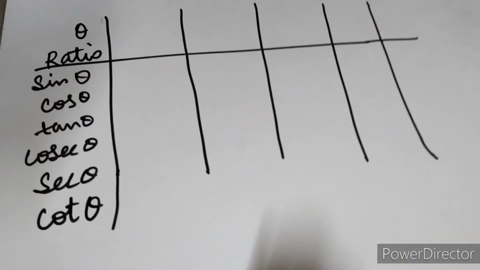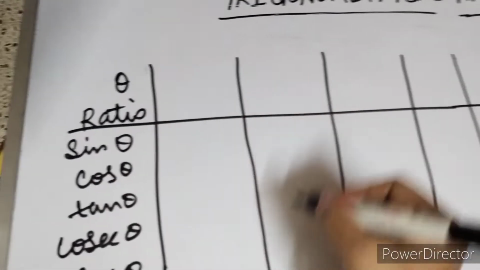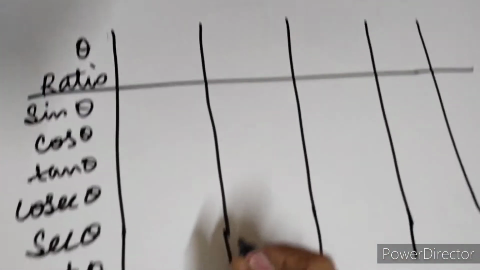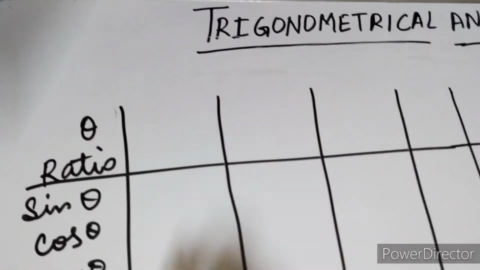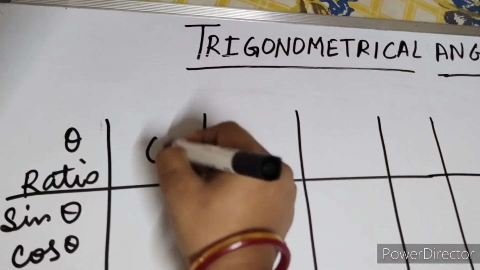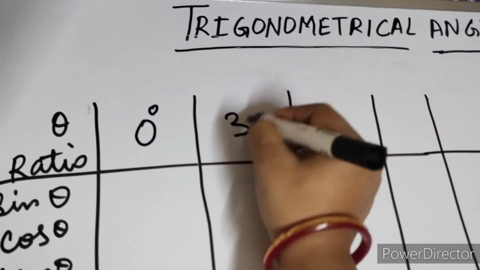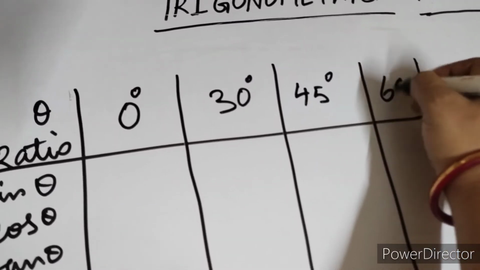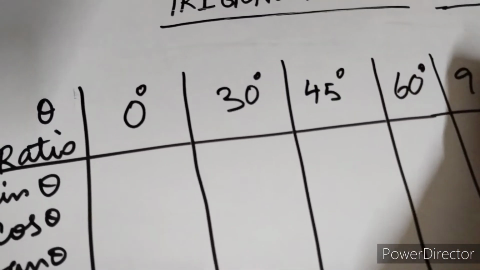Okay, now in our syllabus, up to class 10 we have standard angles: 0 degree, 30 degree, 45 degree, 60 degree and 90 degree.